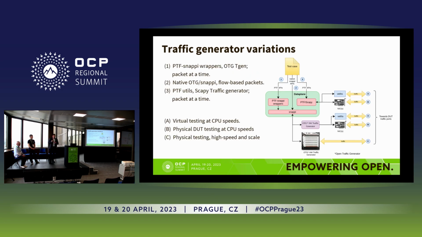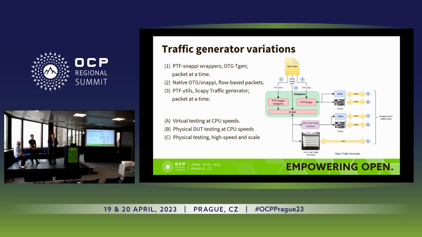Now, when it comes to the traffic generators, two things. First of all, how we define inside test cases how we will send the packets. And the second one, what types of interfaces and how big an amount of traffic we want to send. So here, a few options. We can still use the same PTF Scapy that we were using till now in SAI test cases. We can use the PTF snappi wrapper.